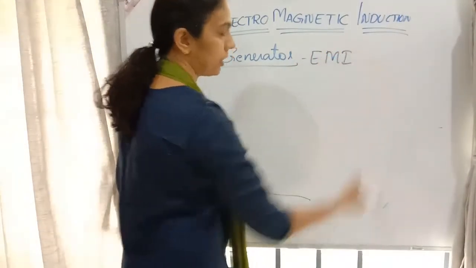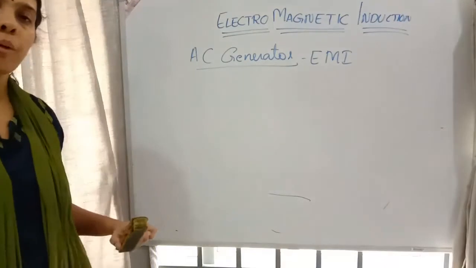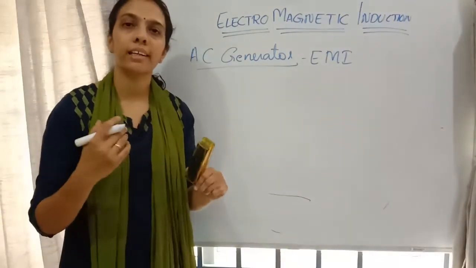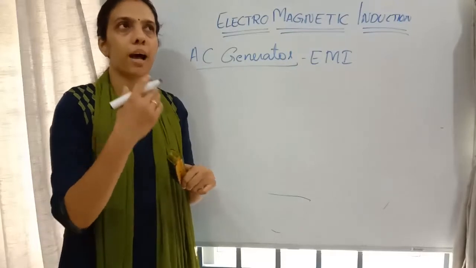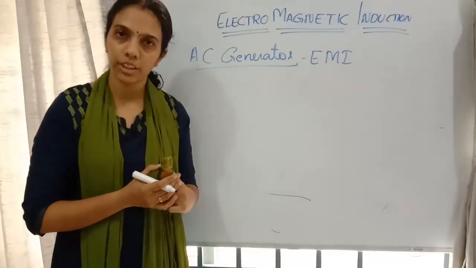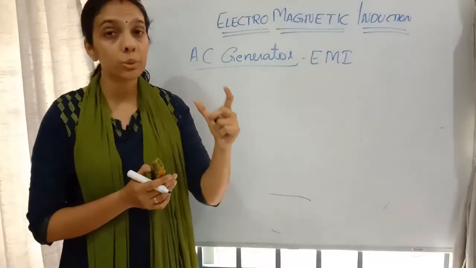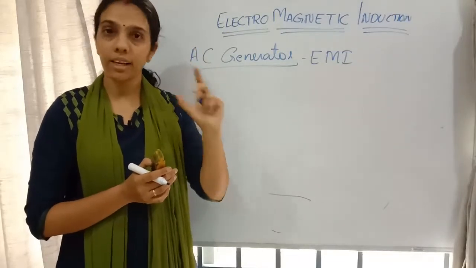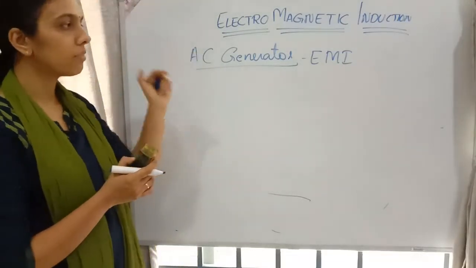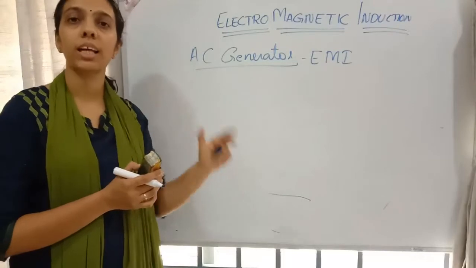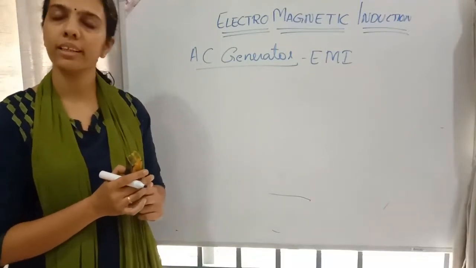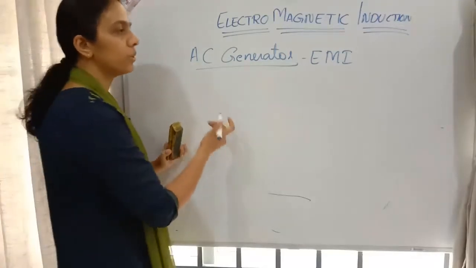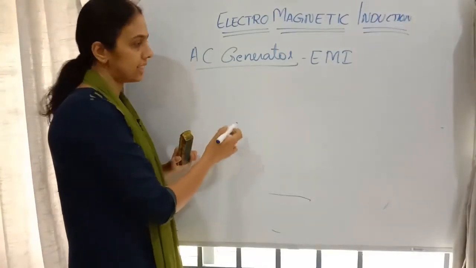Electromagnetic induction means if the magnetic flux linked with the circuit changes, an EMF is induced in the coil. Not a current carrying conductor, but a magnetic flux linked with the circuit changes and EMF is induced in the coil. That is electromagnetic induction. So now we are going to study about the AC generator.